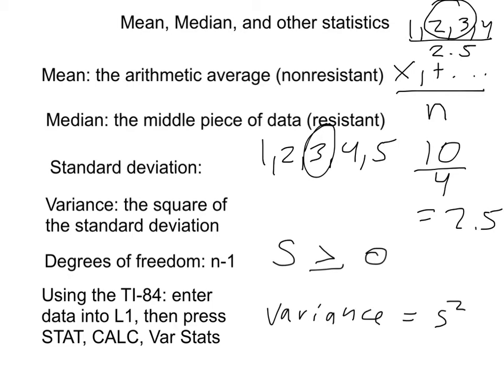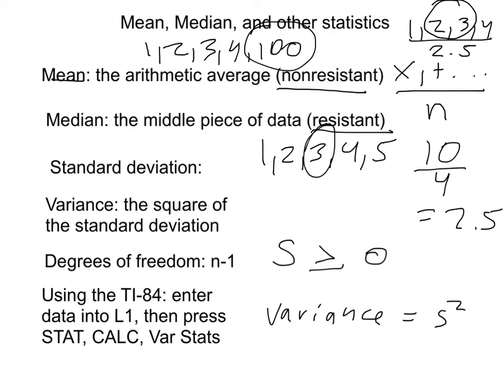And something to keep in mind, there might be questions about, is resistance. So the mean is non-resistant. What this means is that if you add outliers, so say the data set is 1, 2, 3, 4, and we add on 100, the mean is going to go up, because we're adding this huge number at the end that's going to cause the mean to grow larger.